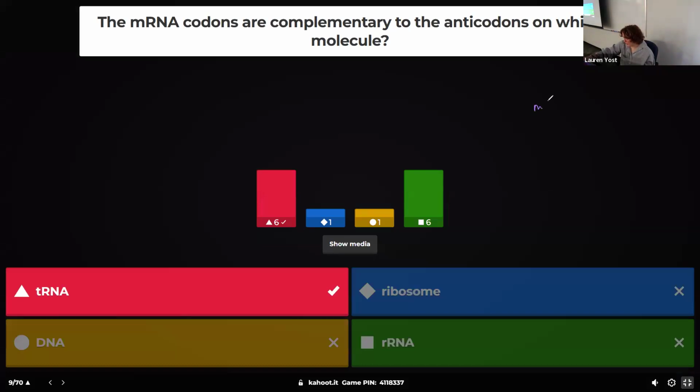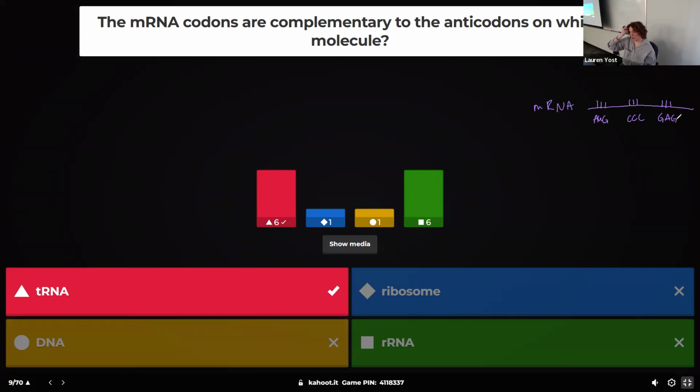All right, if our mRNA looks like this, and we have a codon here, and a codon here, and a codon here. Again, what is the codon really? AUG or CCZ or GA, who knows, right?